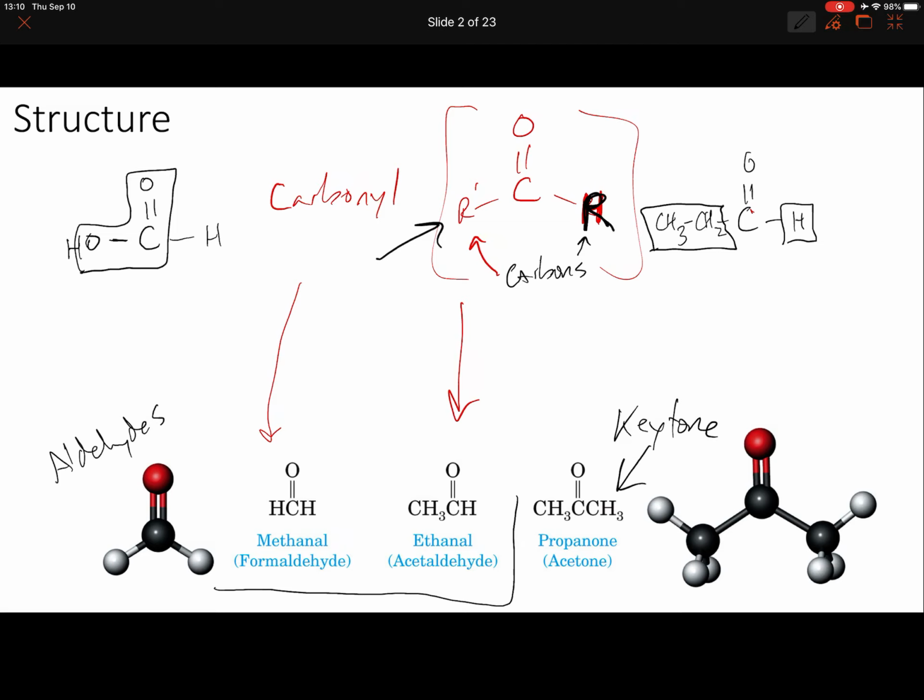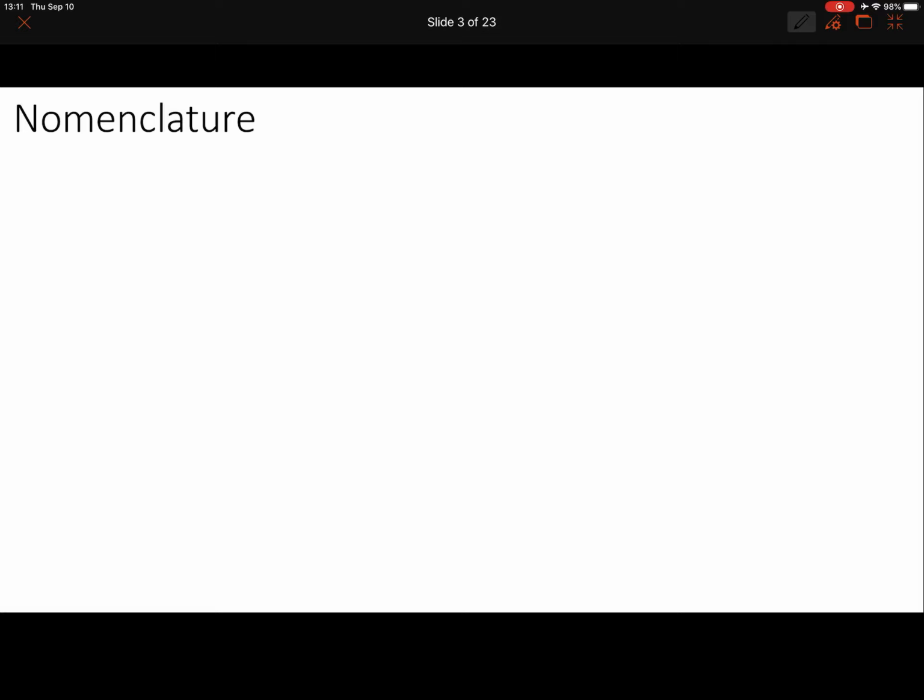And most of the functional groups that we'll look at are actually going to be replacing that atom with different other atoms. So we've got ketones, we've got aldehydes. Now, we need to learn how to name these. So to name an aldehyde, we basically change the E ending of the parent name. For example, this would be 1, 2, 3, 4, 5 carbons.